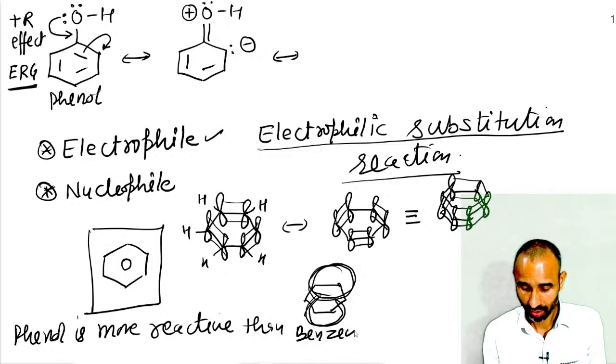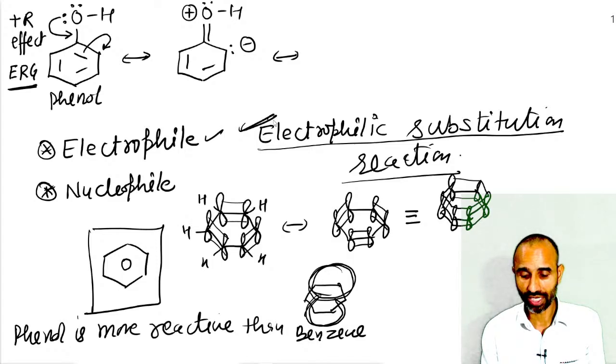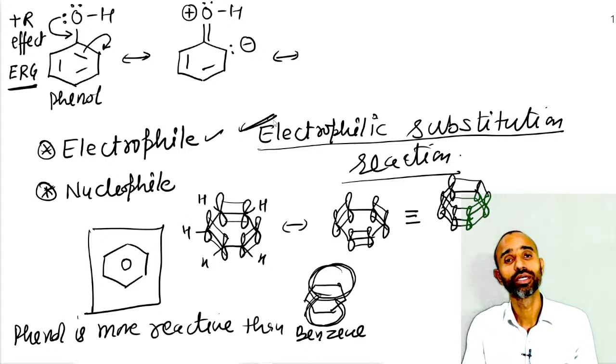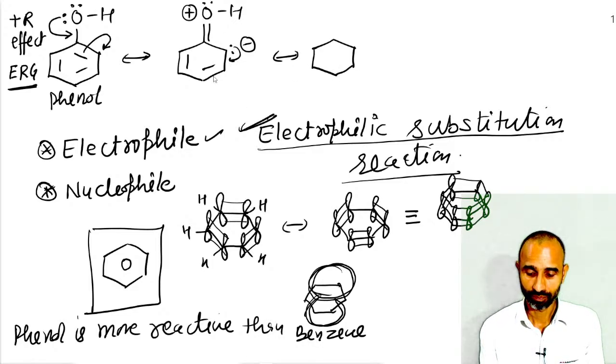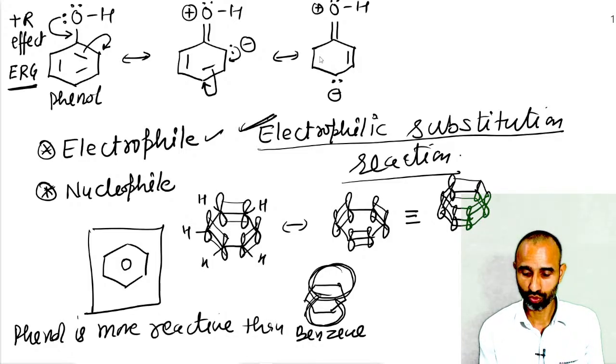towards electrophilic substitution reaction because of plus R effect. And when this plus R effect takes place, electron density is increasing on the ring, particularly at which position?